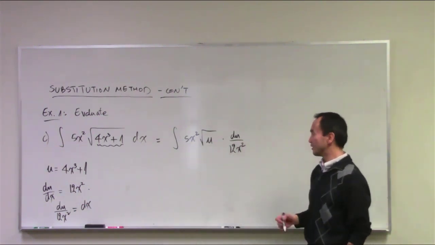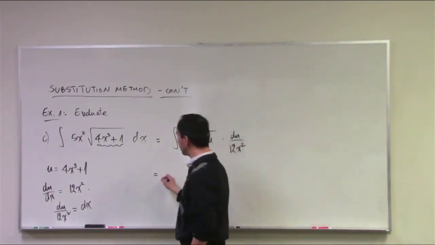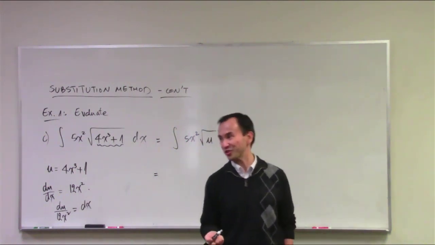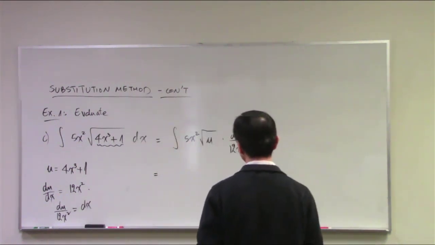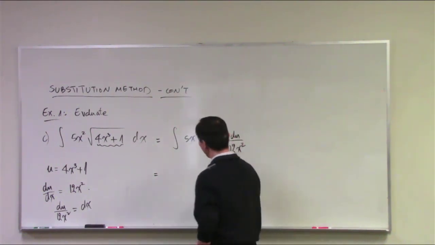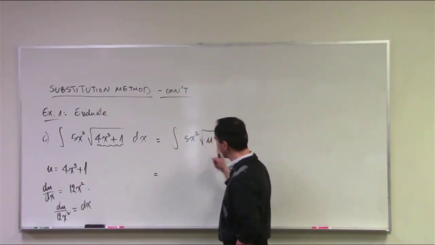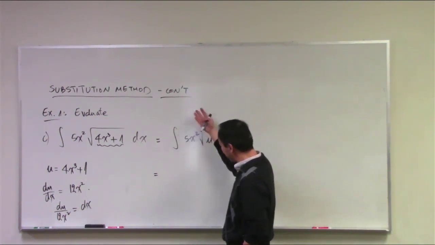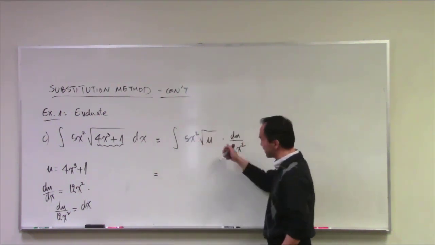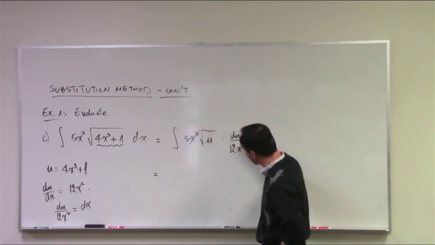Remember I introduced those checkpoint questions so that you can ensure you're doing the proper thing. We were checking whether we have gotten rid of all the old variables. For a moment we thought we didn't, but now we realize we can cancel the x squared away.